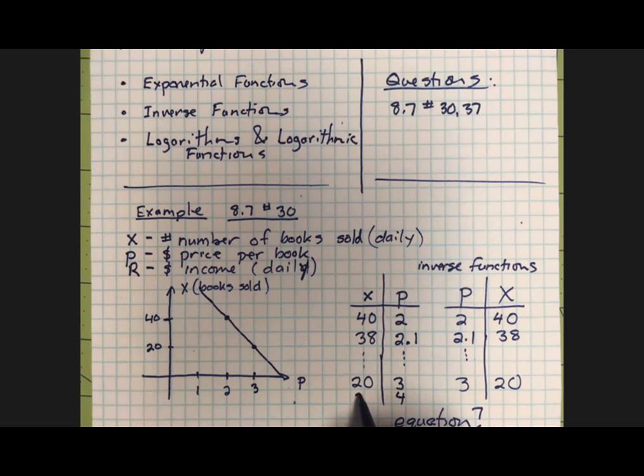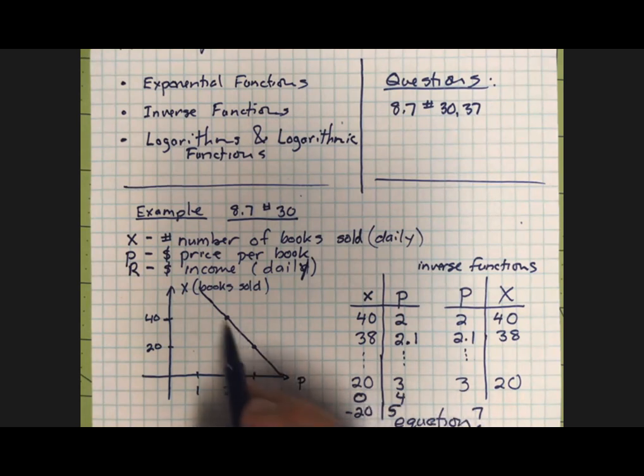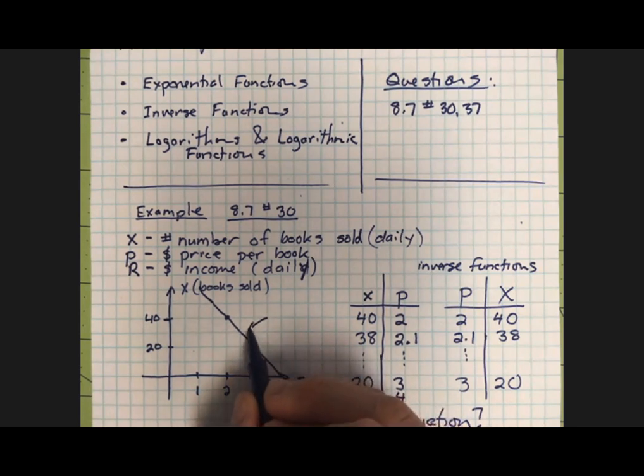That's not good. I can't sell negative 20 books. But remember, this is just shooting in the dark. This is just a model. This is just her guessing where to set the price. So can I find the equation of that line?